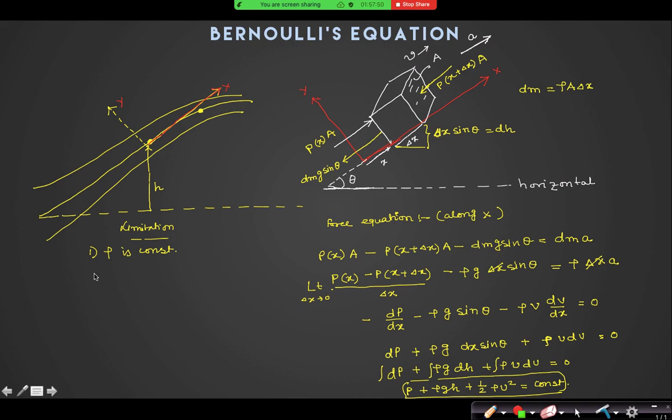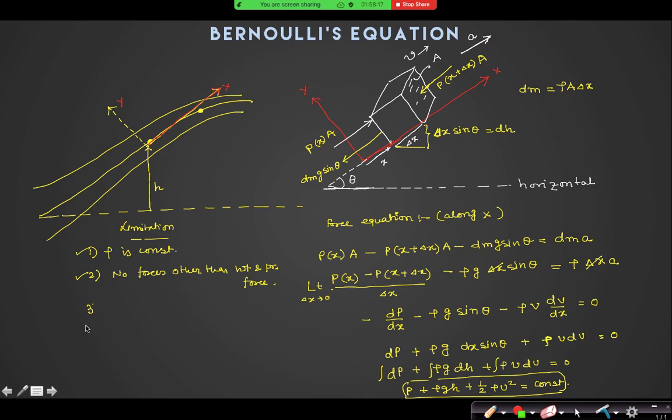Was there any friction force? No other forces. No forces other than weight and pressure force. All these are limitations, remember.